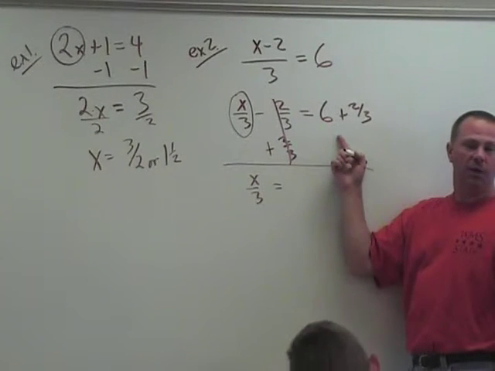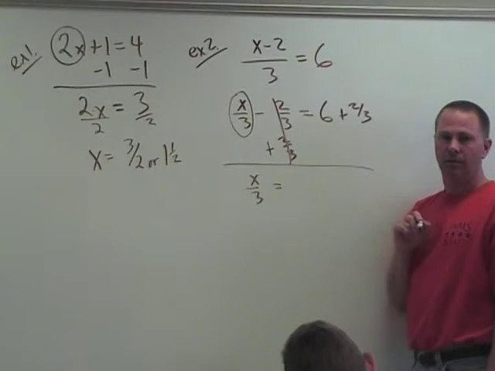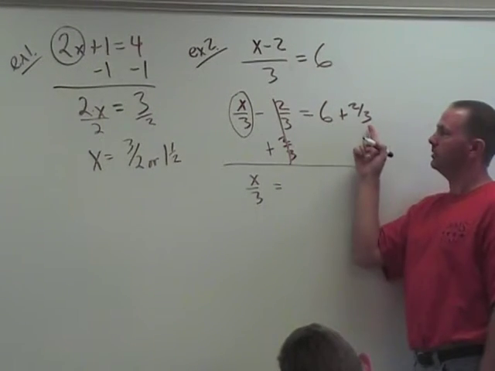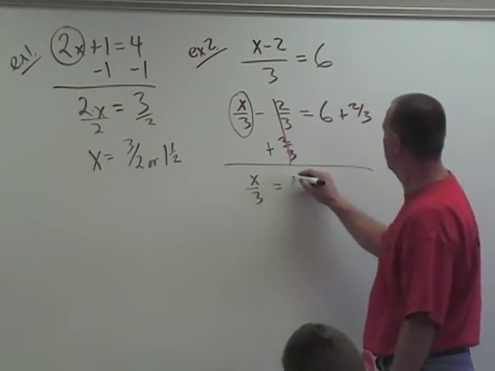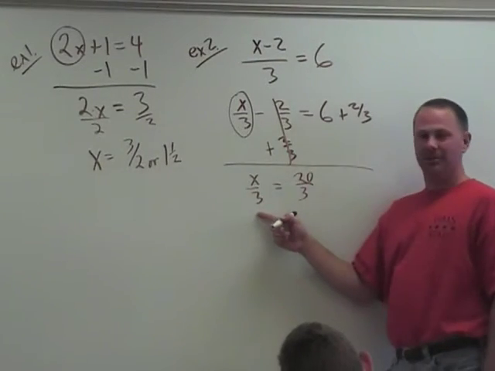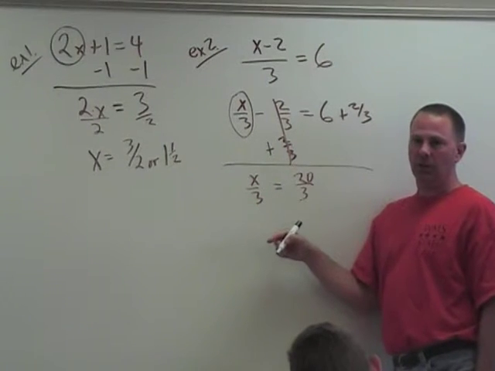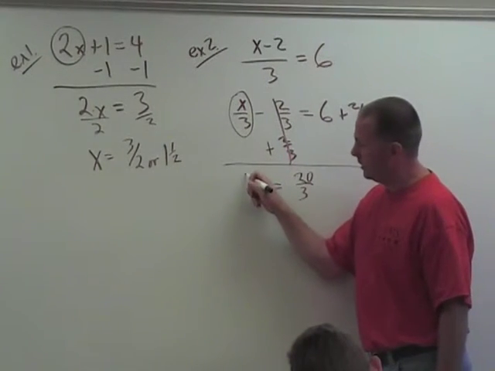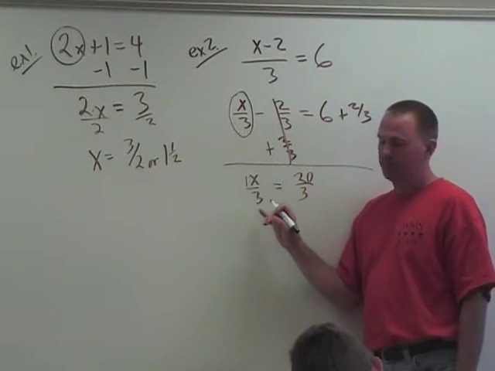Okay, so now I have x over 3 on the left and 6 2/3 on the right, which as an improper fraction is 20 over 3. Step 3, I need to make the coefficient on x a 1. Technically, it is a 1 at the moment, but we need to notice that it's also divided by 3.